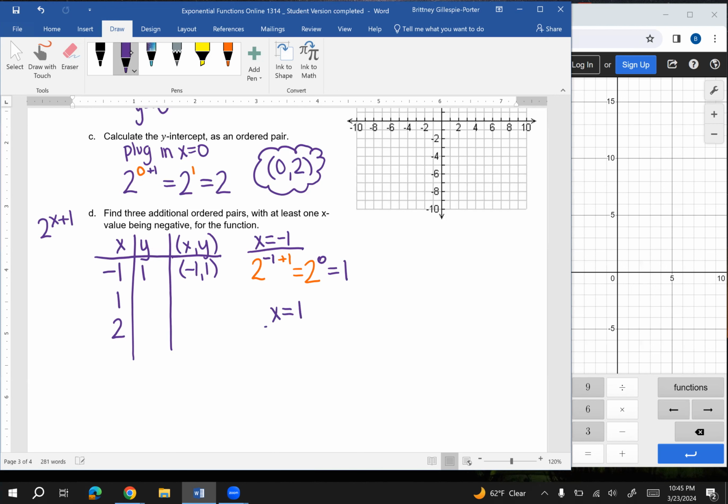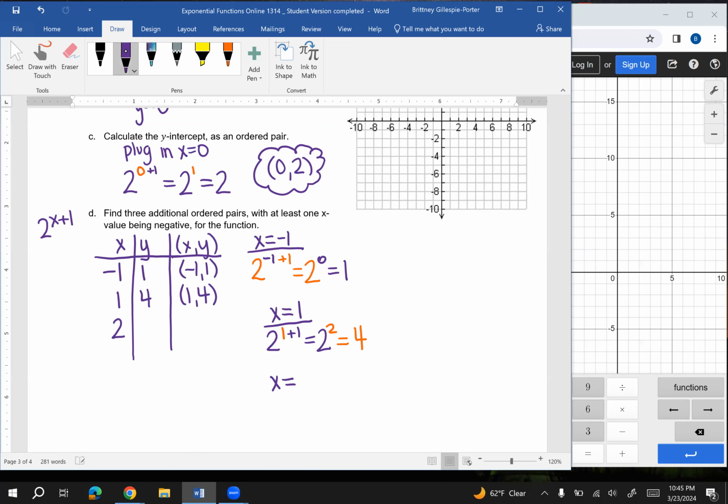Let's see what happens when x is equal to 1. We would have 2 to the 1 plus 1, which gets us 2 squared, and 2 squared is 2 times 2, which gets us 4. So we just found the ordered pair (1, 4).